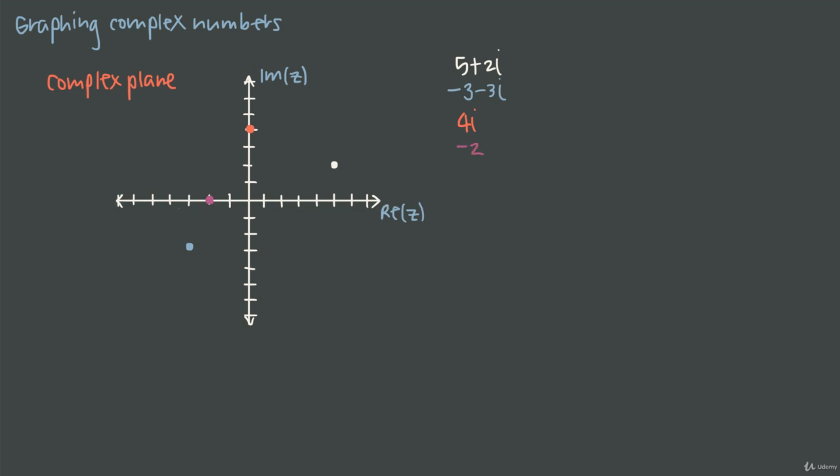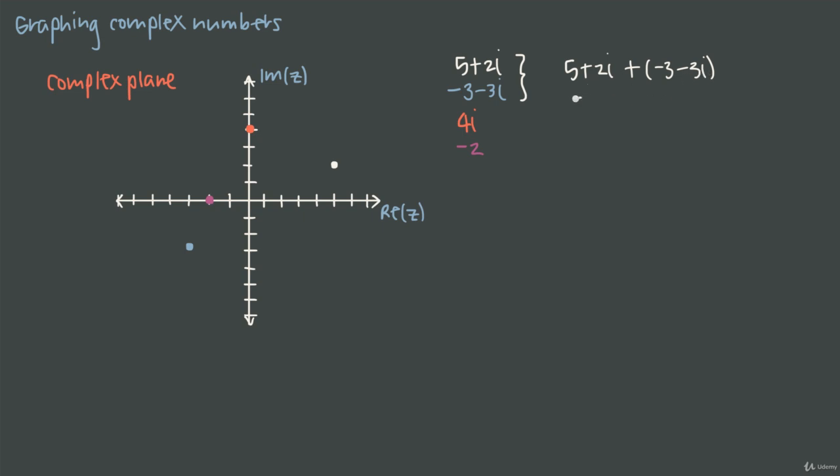Keep in mind too that when you're graphing complex numbers, you'll also be asked to do lots of problems where you graph, for instance, the sum of two complex numbers. So let's say we want to graph the sum of these first two complex numbers here. The first thing we want to do is take the sum. We want to say 5 plus 2i plus negative 3 minus 3i and add those complex numbers together.